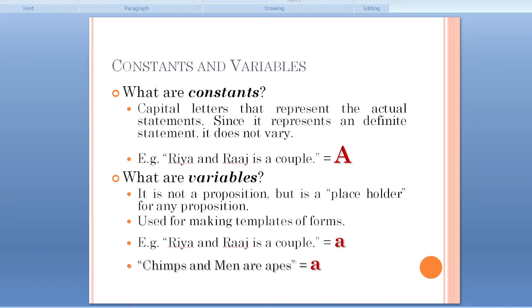If it is a constant statement, it will be represented by A. And what are variables? Variables are those whose value is constantly varying. Like Riya and Raj is a couple. If we take it as small a, then we can use small k with another statement.